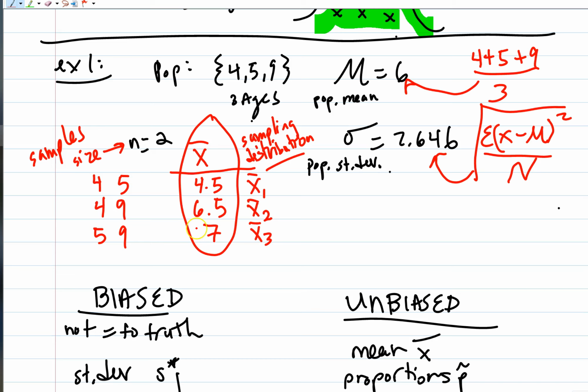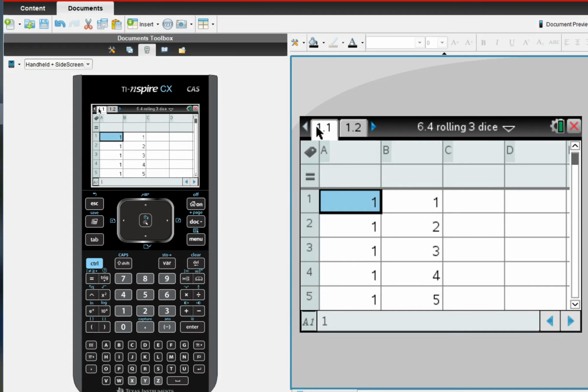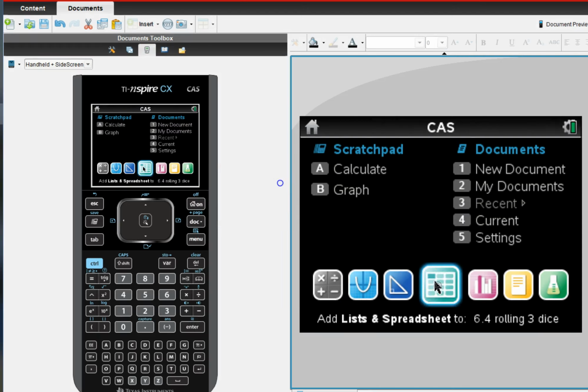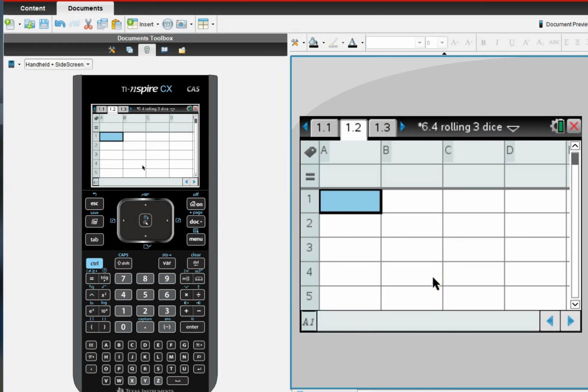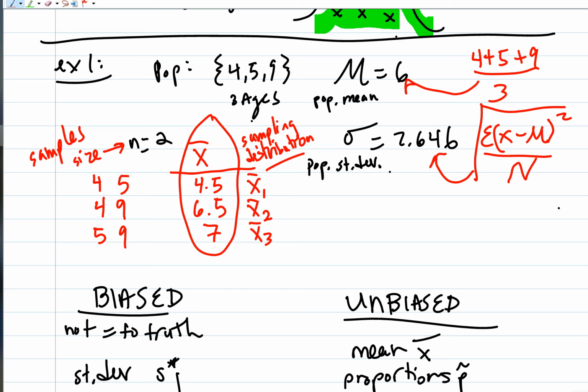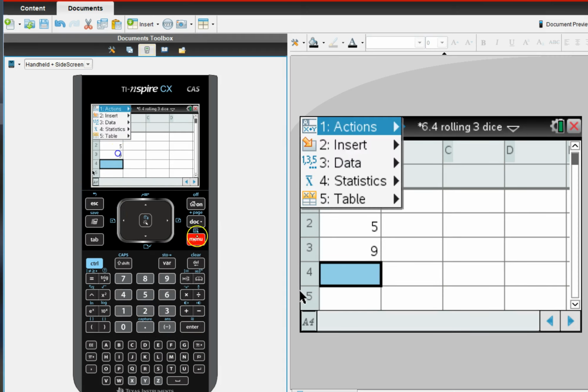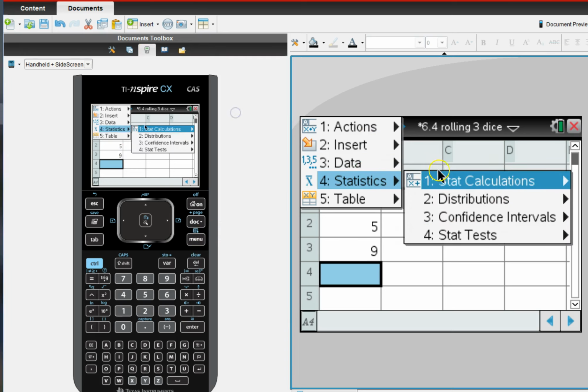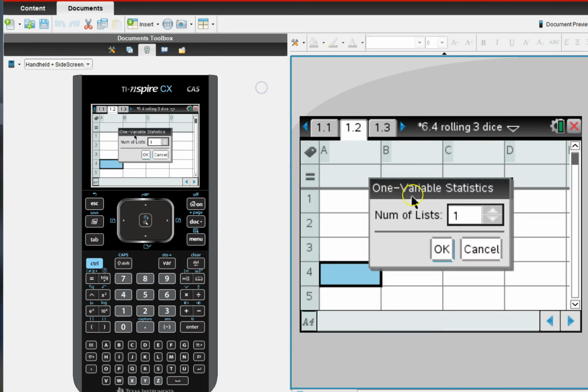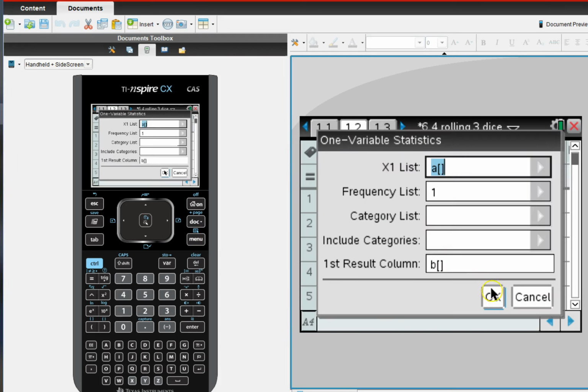I'm going to go back here and add a screen first. So here's our population. It was the numbers 4, 5, and 9. I could do one-variable statistics on that population.